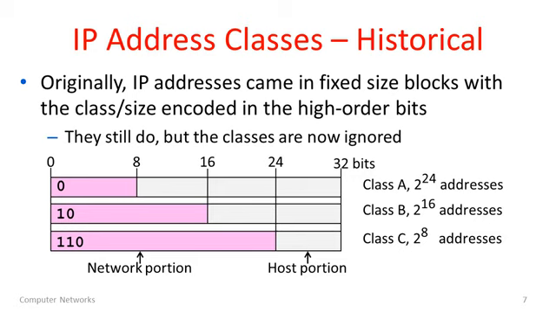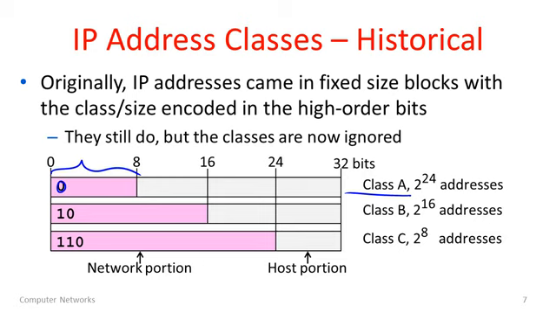There's a little more I can tell you about IP addresses though, and I'm going to start with class-full addressing, which was used historically. We use IP prefixes today. Originally, IP addresses came in fixed size blocks, so the prefix length was fixed and pinned down as part of the address. In particular, Class A addresses had the first 8 bits used for the network portion and the last 24 bits free.